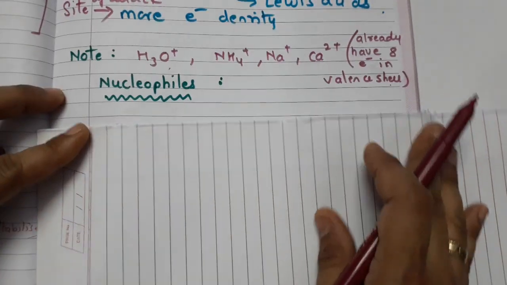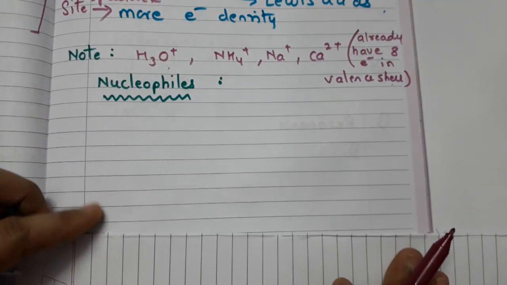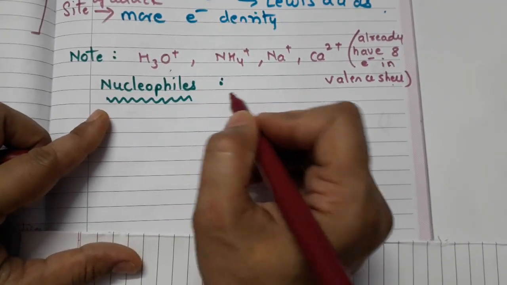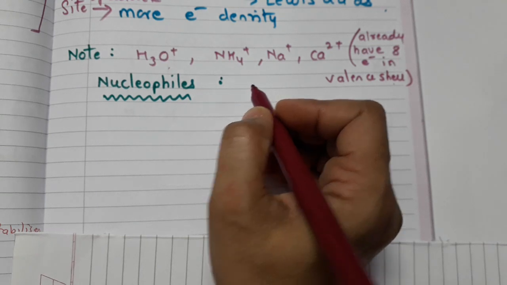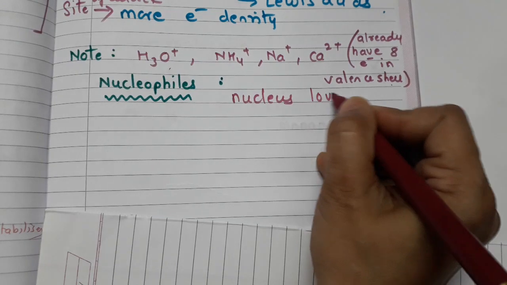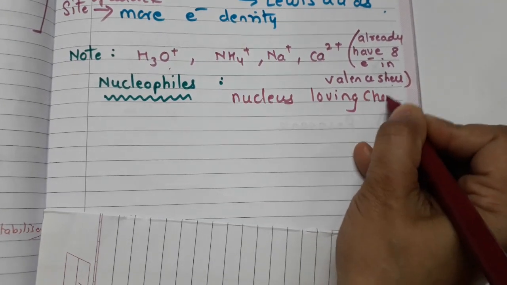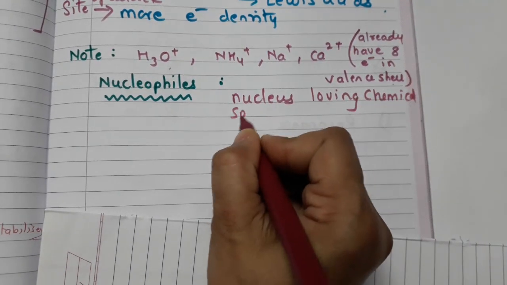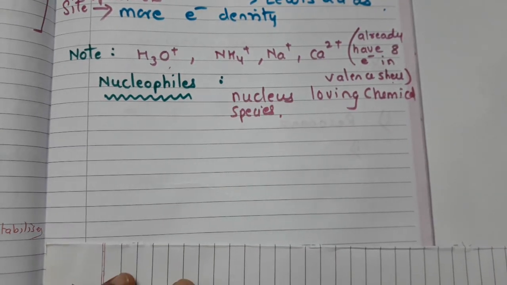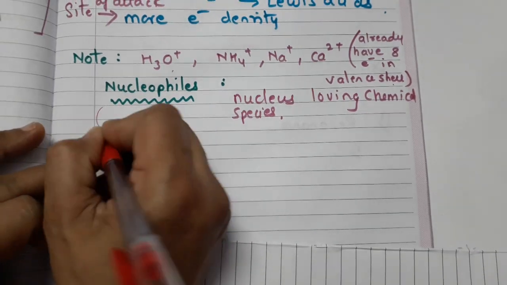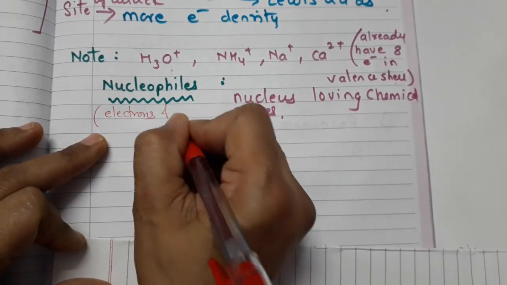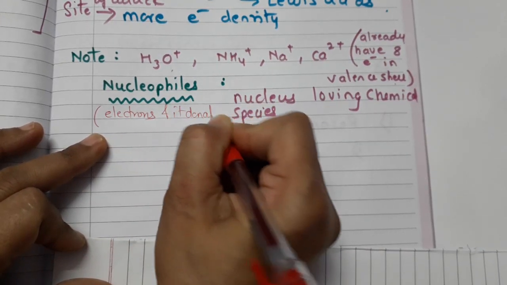Alright. Now nucleophile, just the opposite of electrophile, you have to remember. Nucleophiles are the species which contain excess of electron, and they are nucleus loving chemical species. Normally I recommend the students to remember that nucleophiles are the species which have electron, and it donates its electron.